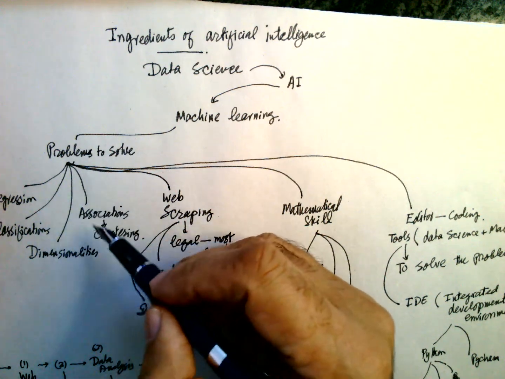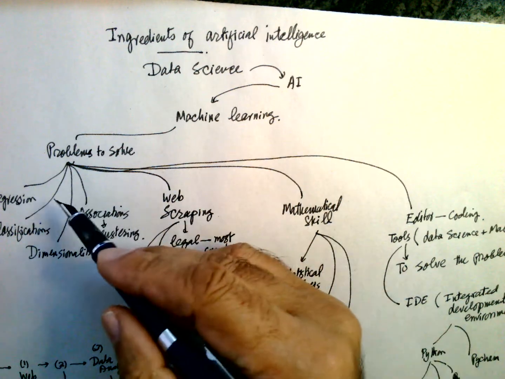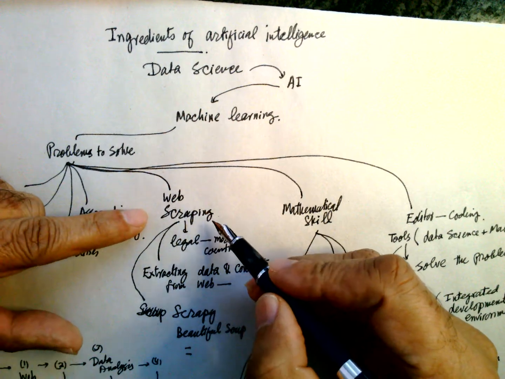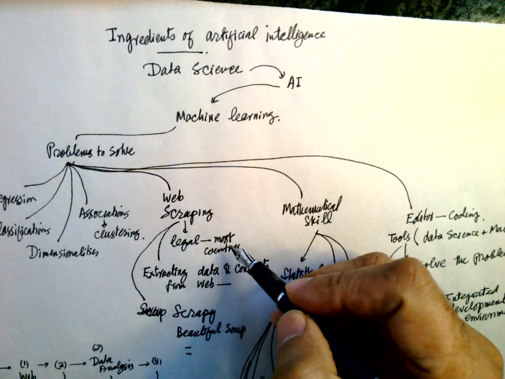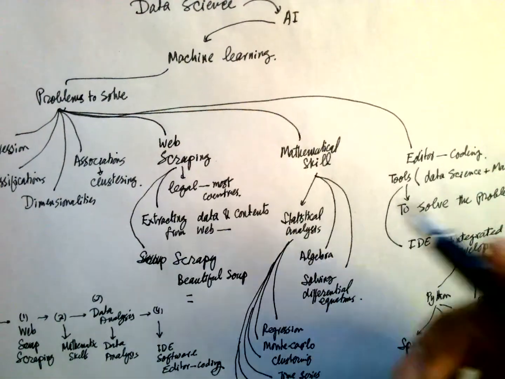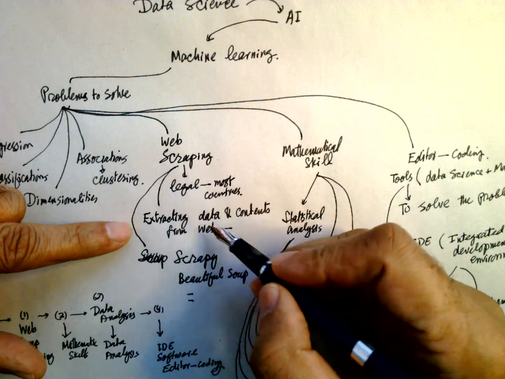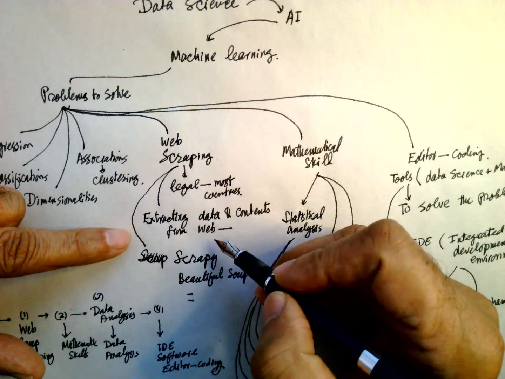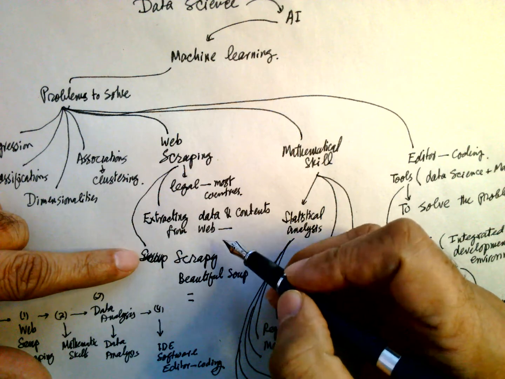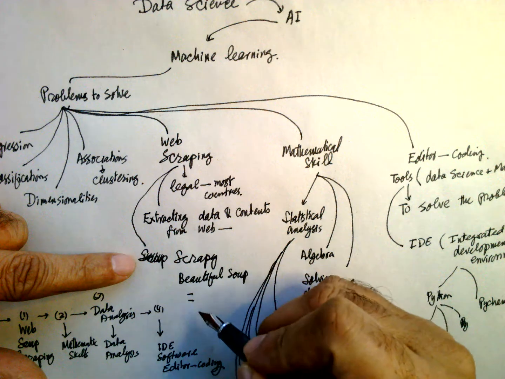In problem solving, one thing we need is web scraping. It is legal in most countries and illegal in some. We have to involve a third party to help extract data and content from a web-based site. There are programs that can help, such as Scrapy and Beautiful Soup, and there are many others.